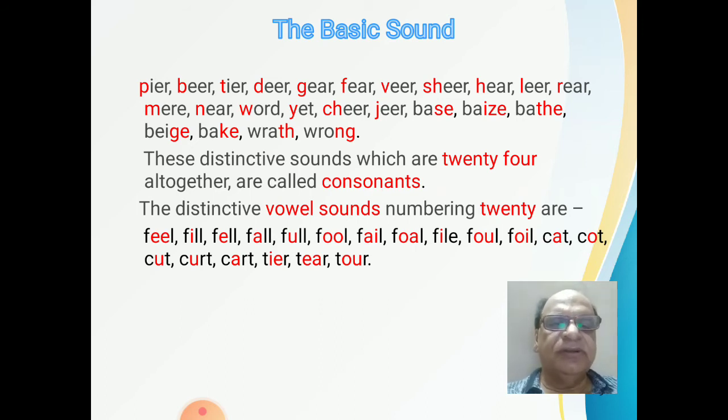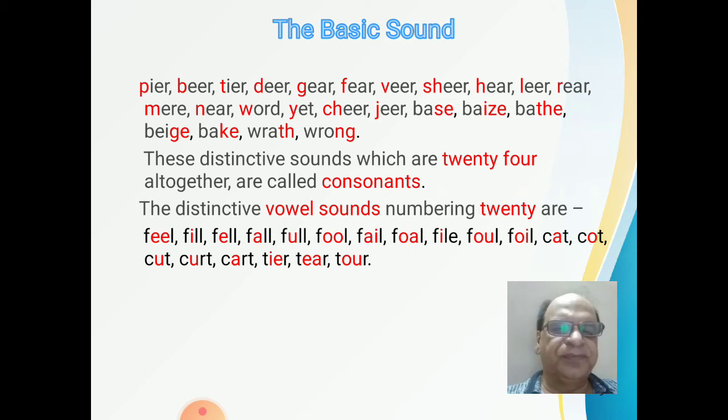The sounds are p, b, t, d, and likewise. These distinctive sounds, which are 24, you can count them. They are all distinct and separate from each other, and are called consonants. So these are the consonants in English.